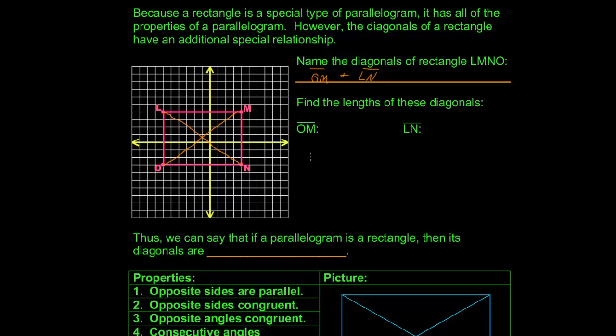Now, what we're going to be looking at is our distance formula. Alright, so let's look here at OM to begin with. Let's find our point O. Point O is at -6, 3. And point M, which is our second point, is 4, 4.